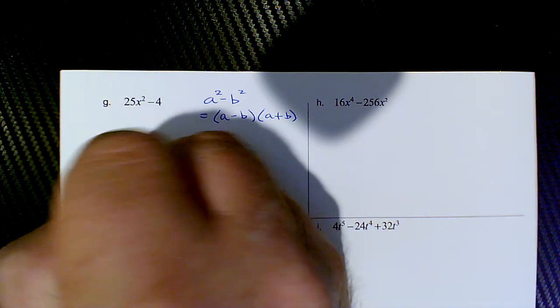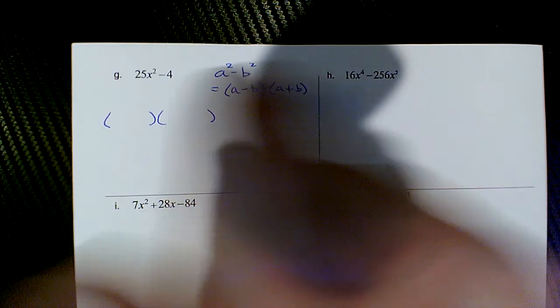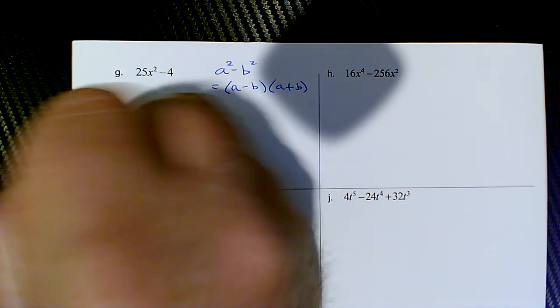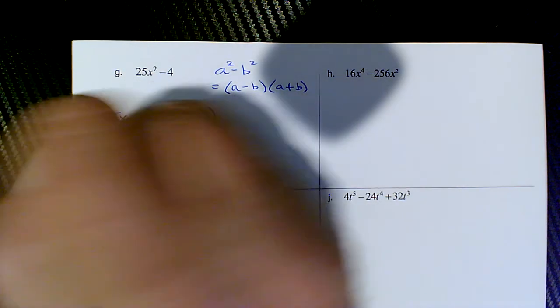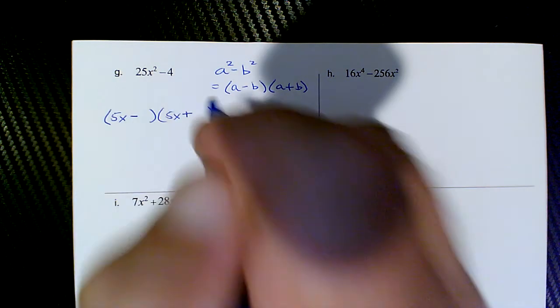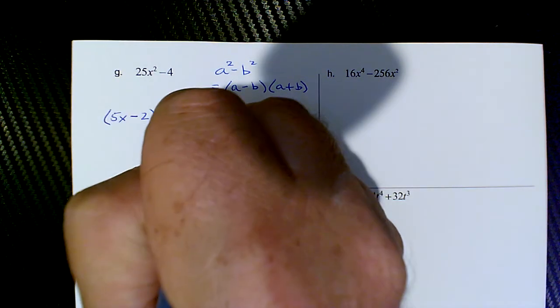Now, just setting this up, I'll show you both ways as I've shown in the past. The perfect square of 25x squared is 5x, so we need a 5x and a 5x. Now one is negative and one is positive, doesn't matter which way you put them. The perfect square of 4 is 2, so a 2 and a 2.